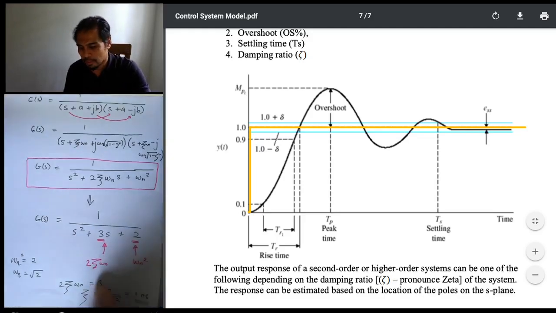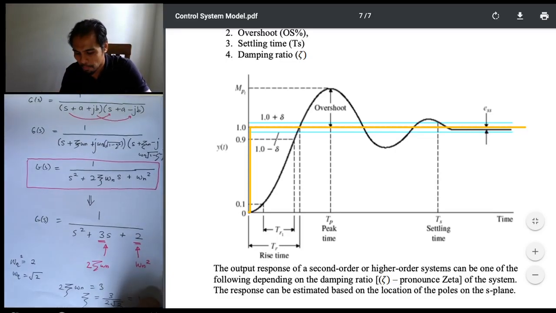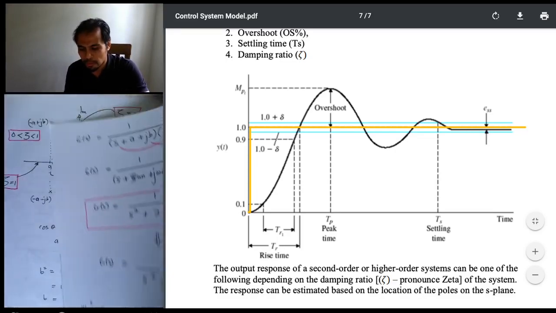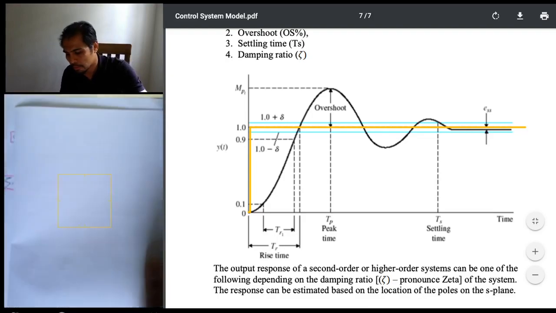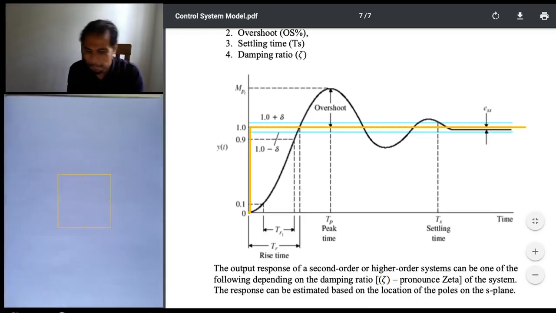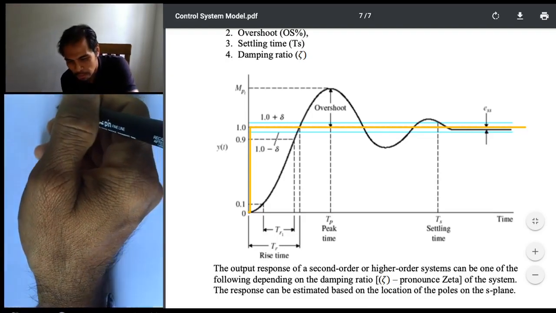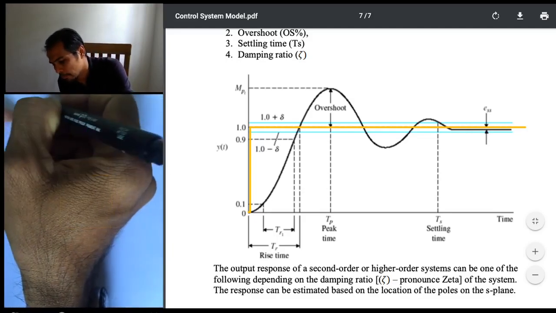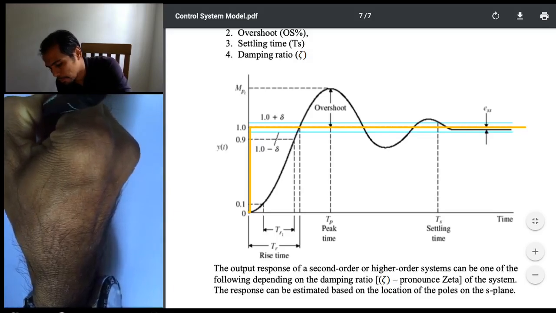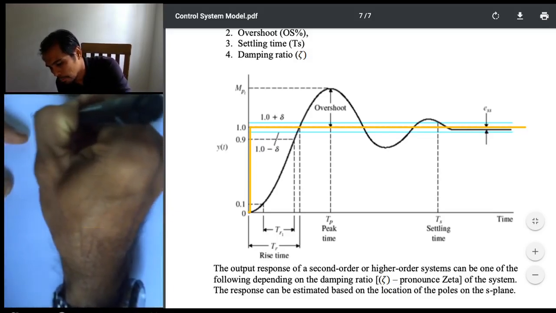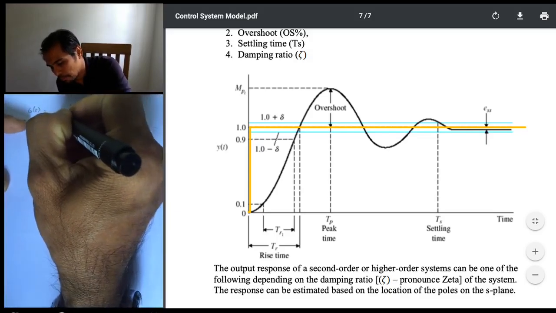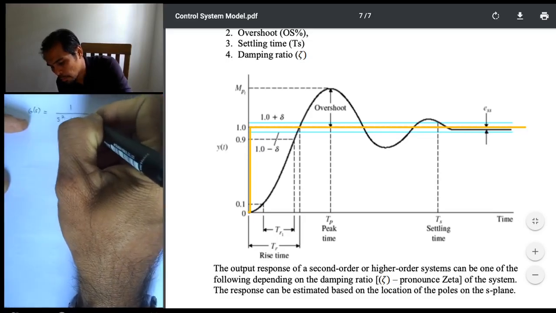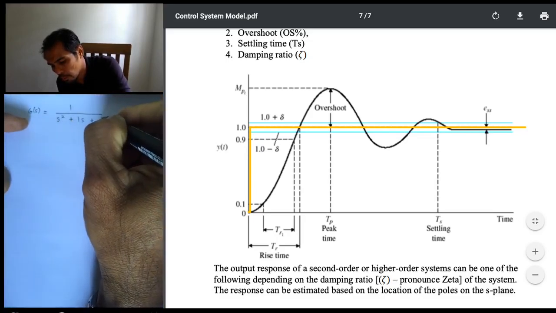So let's test another transfer function. Let's say we have a system that has complex roots: 1 over s squared plus 1s plus 1.